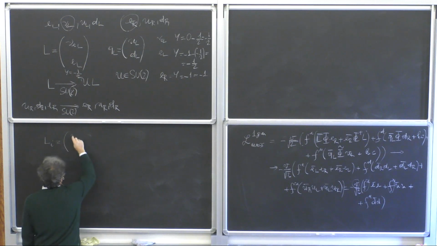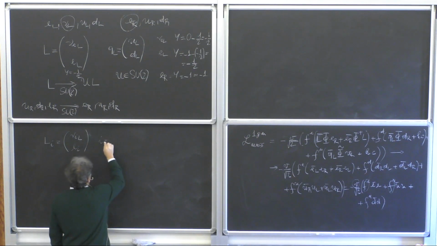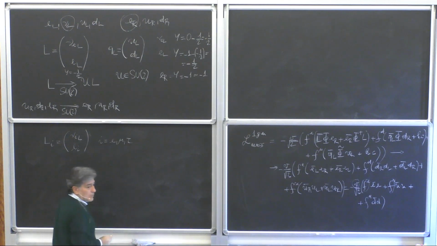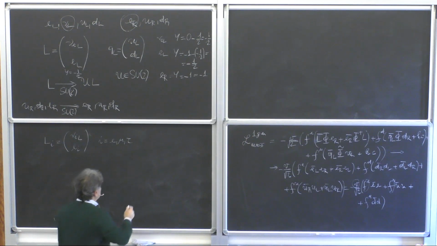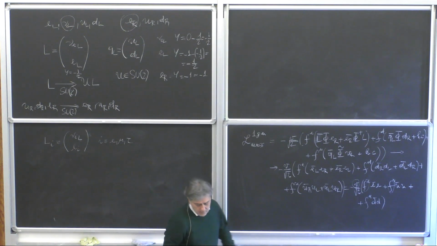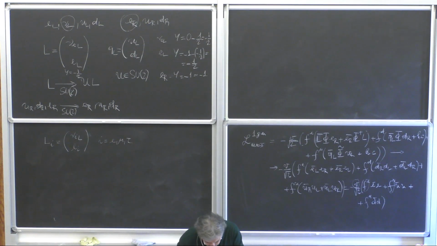like, let's say, nu_i left and l_i left, with i that is electron, muon, or tau. Let me see, I want to follow the same notation.